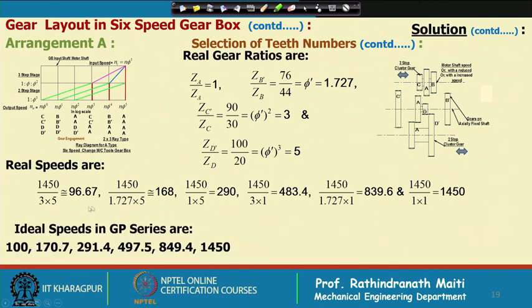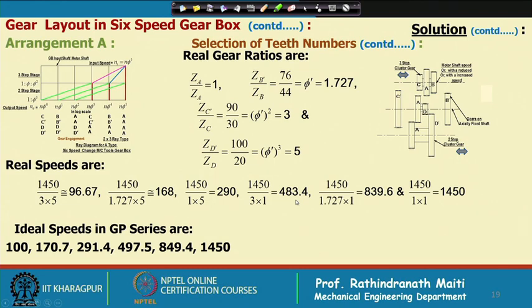And if we compare with this, in the first case the difference is 33, it is less, and in the next case it is less than 2 difference, and in the third speed also the difference is 1.4.